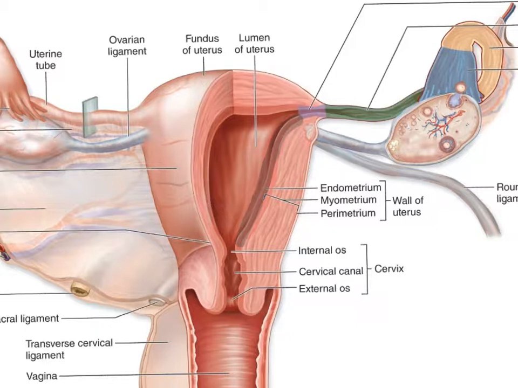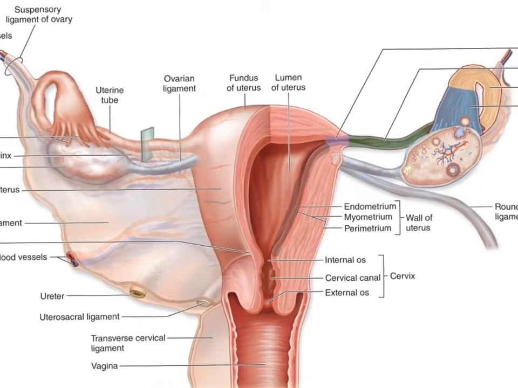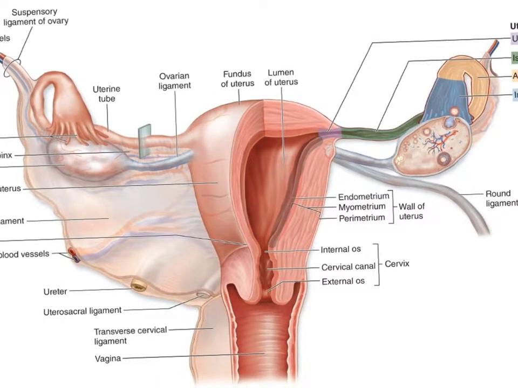On the outside, you have the perimetrium, which is the serosa. So it's the serosa layer on the outside. So from those three layers, perimetrium, myometrium, endometrium, from superficial or outside in. There are some parts of the uterus itself. You have what's called the fundus.